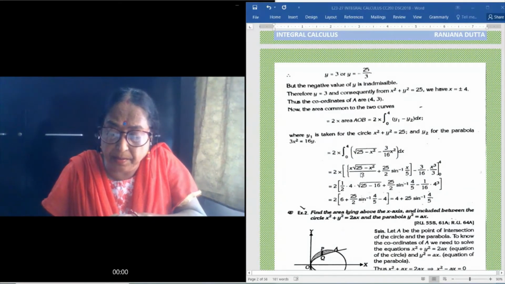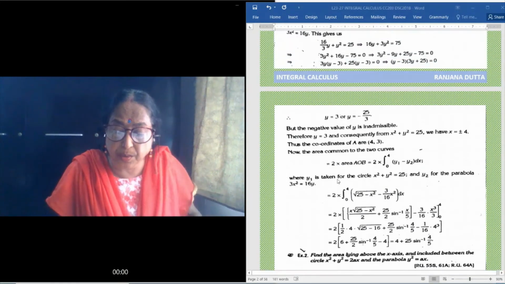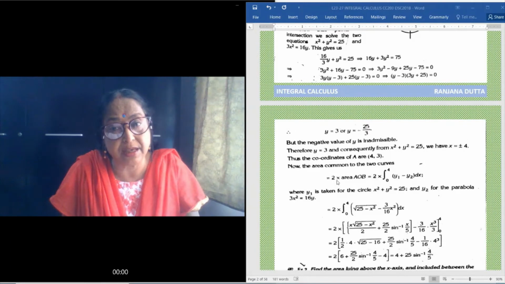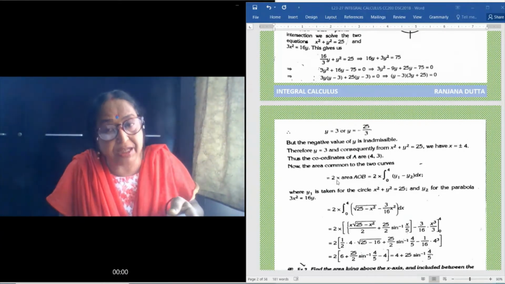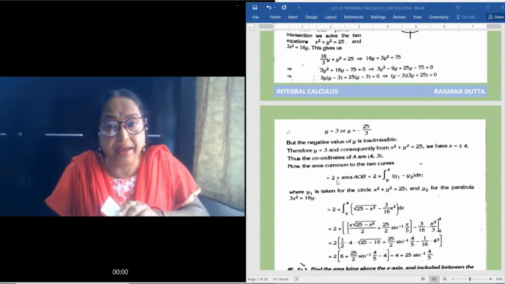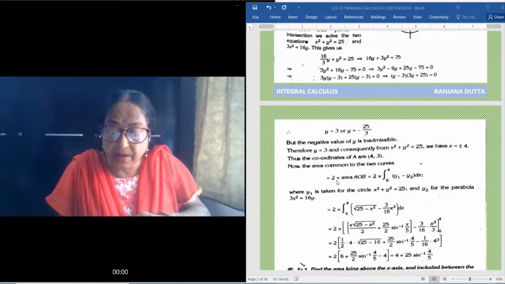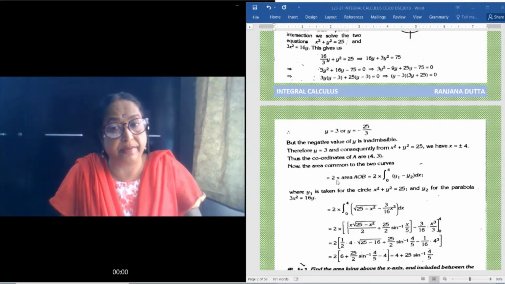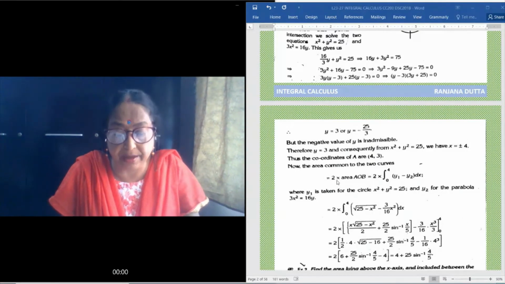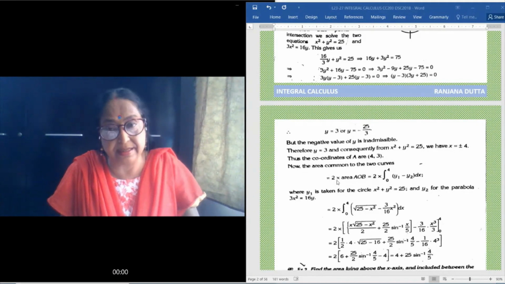You find after calculation that x is 4 and y is 3 at the point A. Since the curve passes through the origin, the limit of x is from 0 to 4, and the area is 2 times the integral of (y1 minus y2) dx. Then solving this we can get the result.